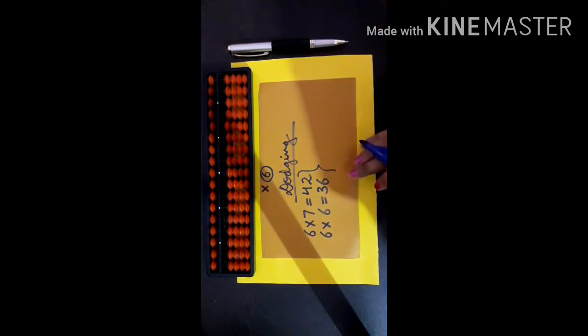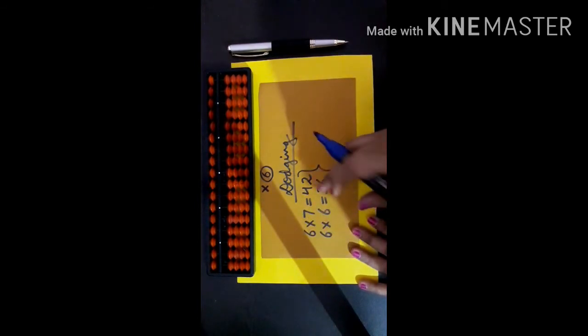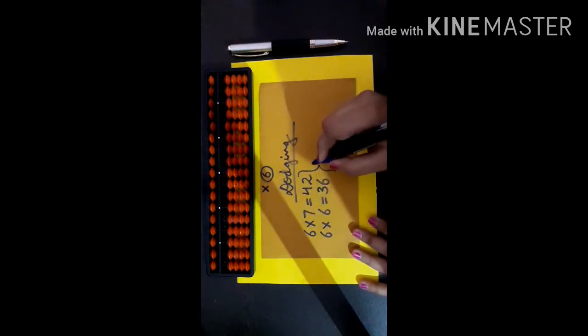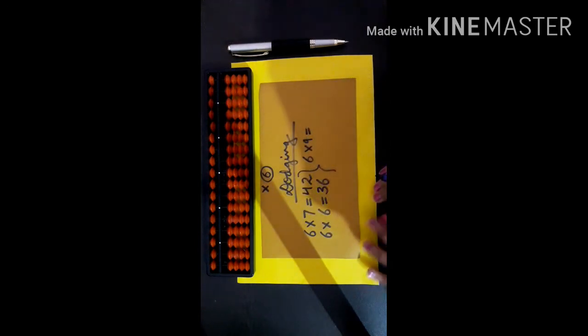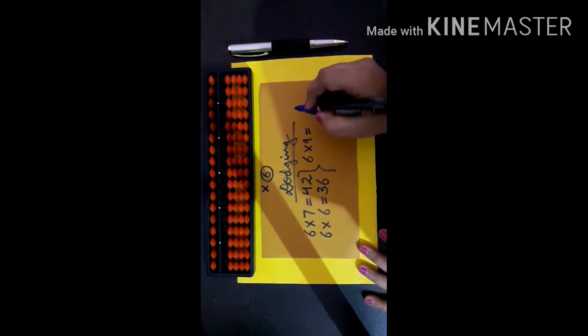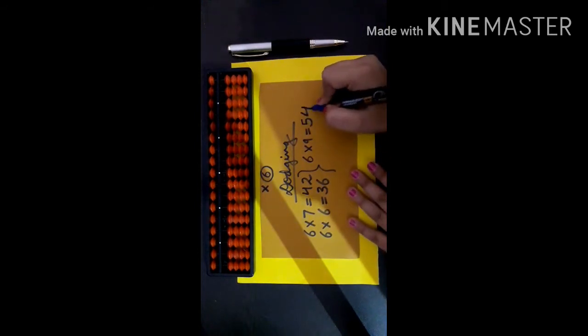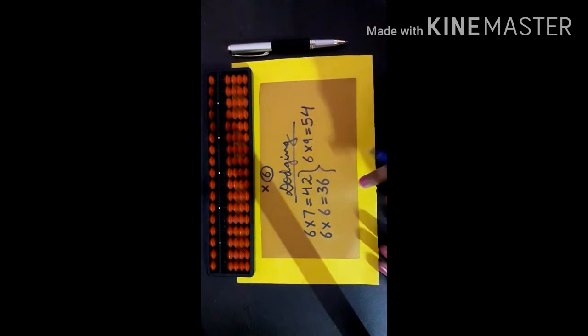But you have to learn like this, means fast. Like this, if I ask you 6 nines are. So you don't have to count the table from 1, 6 ones are 6, 6 twos are 12. Directly you will answer, 6 nines are 54. Now students, you have to learn this at your home.